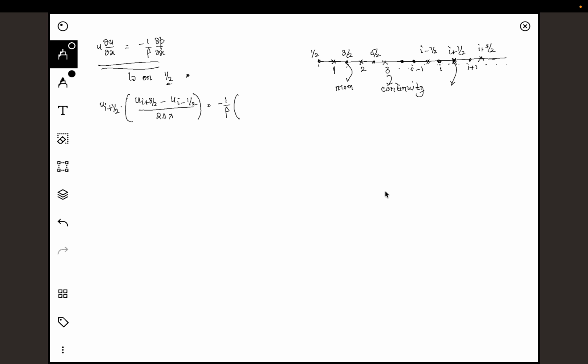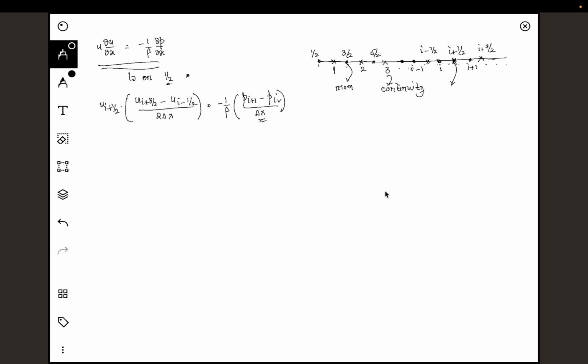At this point del P del x I can write as Pi plus 1 minus Pi by delta x. This is again central differencing, so it is second order accurate. But you can see the difference here, that in this formulation Pi is actually coming into the picture.